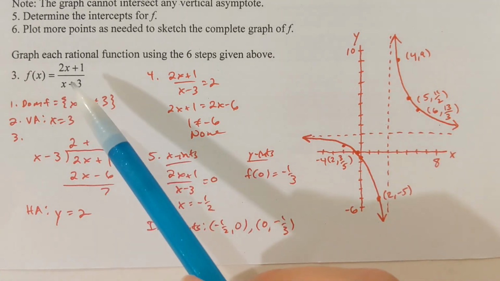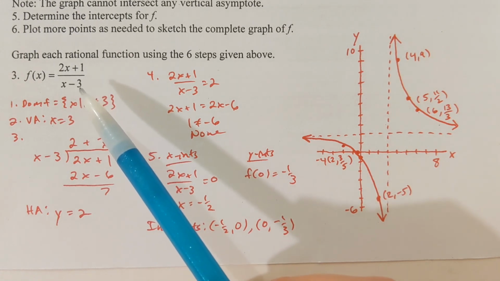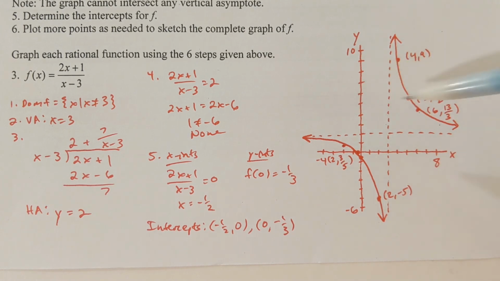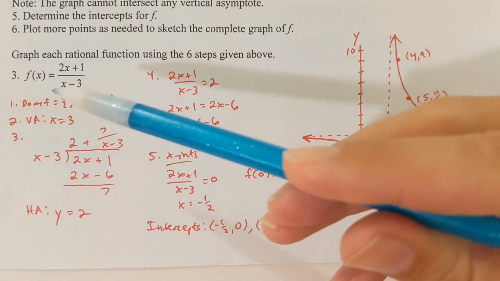And if x is 6, I get 13 divided by 3, or 4 1/3. So these points are heading downward to the right, which indicates that the graph heads downward and to the right, approaching these two boundaries. Now I don't have any graph down here or up here, because it's got to be a function.